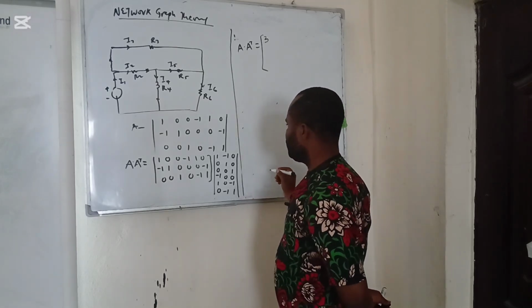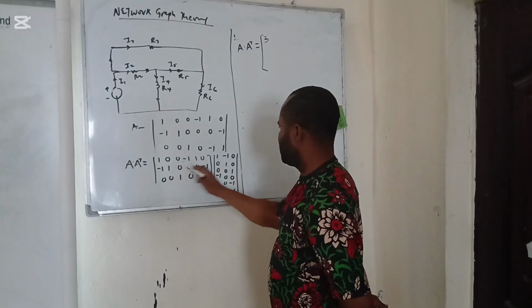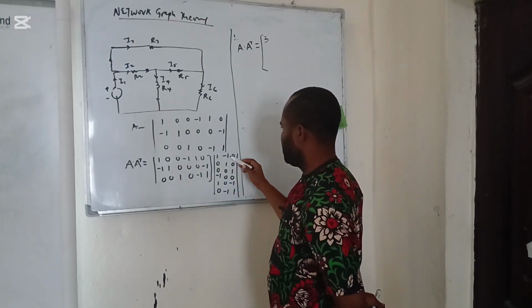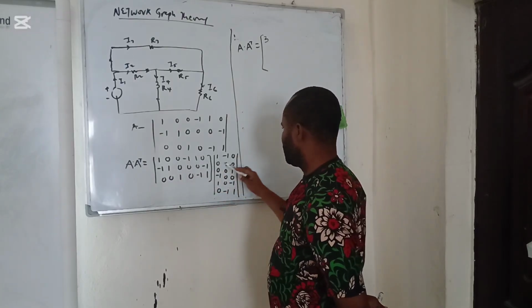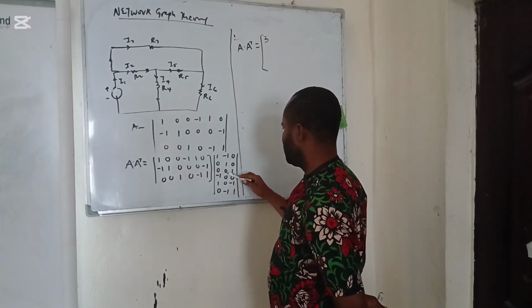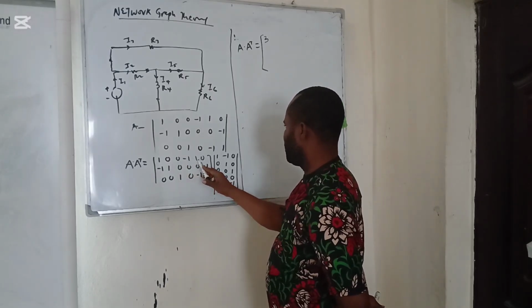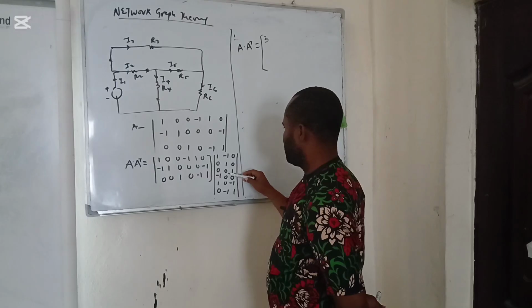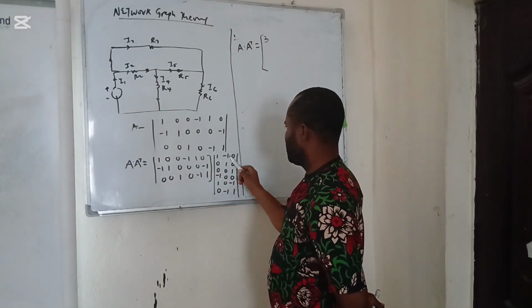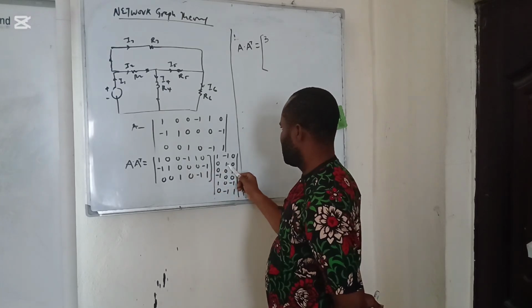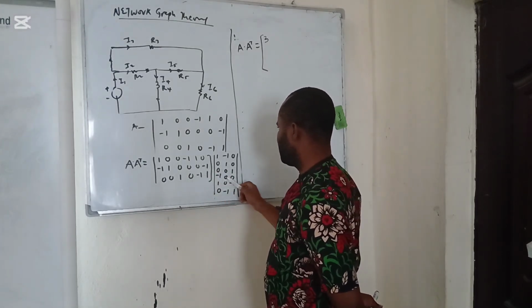So the next one is that we consider this and this. So this times this minus 1, and we move from here to here. We are having 1, 2, 3, 4. So this times this minus 1, this times this 0, this times this 0, and so on.